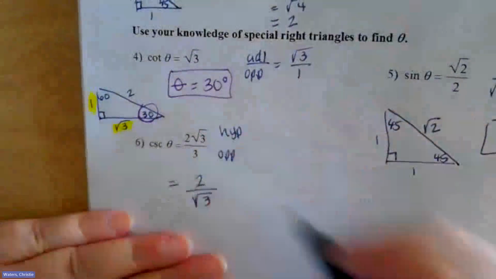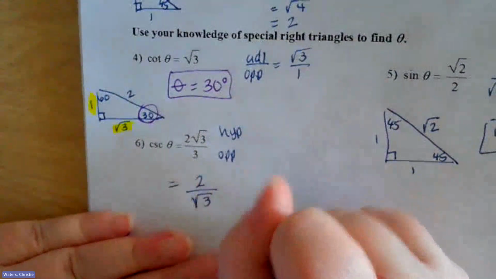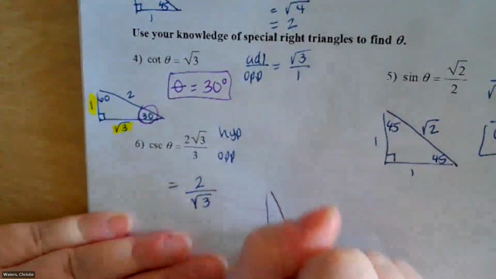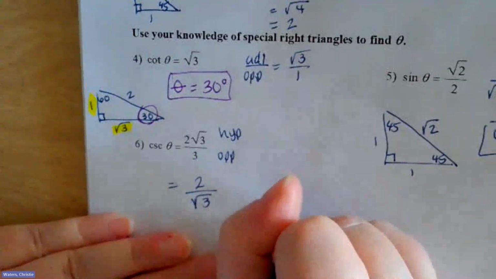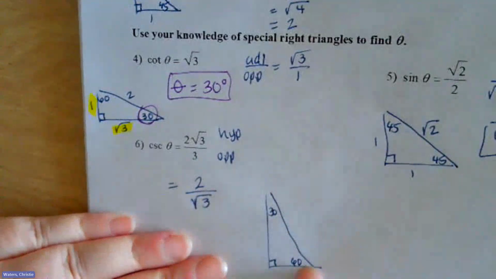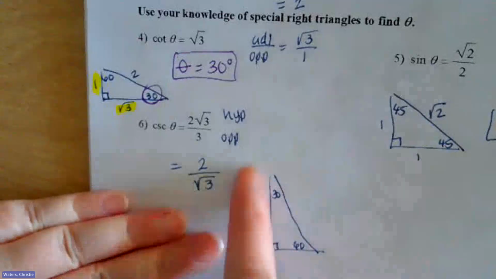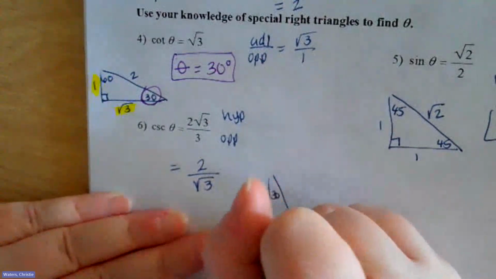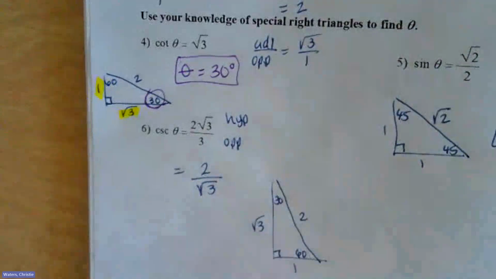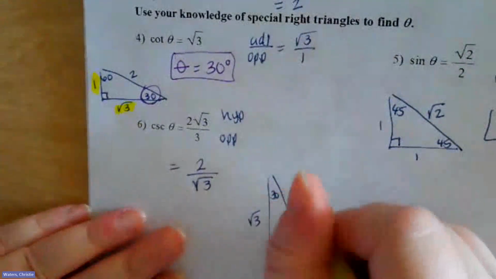So I'm going to draw my 30, 60, 90. All of my 30, 60, 90s look different, and that is okay as long as I have one side that's a shorter side than the other. So this is 1, this is 2, this is square root 3. So I want 2 over the square root of 3.